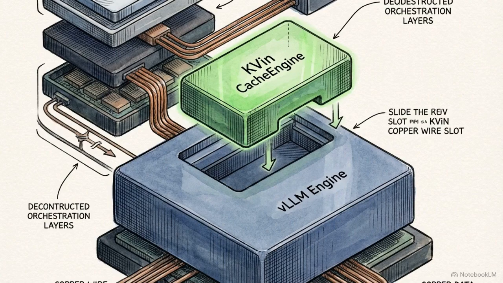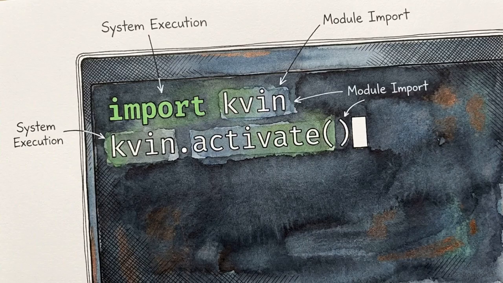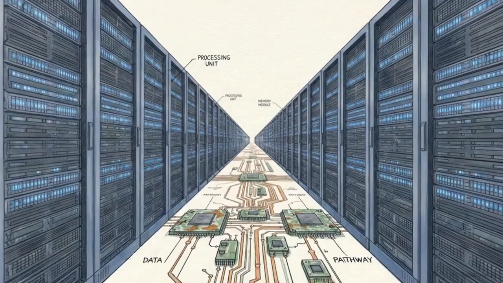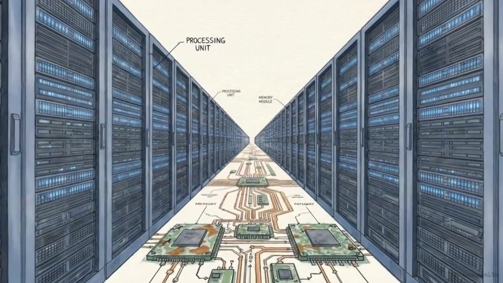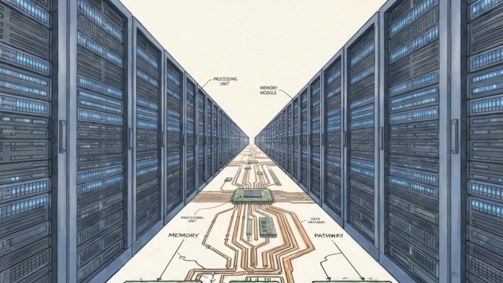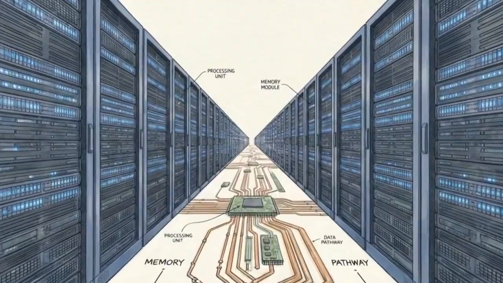For existing vLLM deployments, KVin acts as a drop-in cache engine replacement. Activating the backend requires 2 lines of Python code. The technology is ready for enterprise environments, with Docker images and Helm charts prepared for Kubernetes GPU clusters. Utilizing a hardened infrastructure layer eliminates the significant risks and engineering delays associated with building custom memory management from scratch.